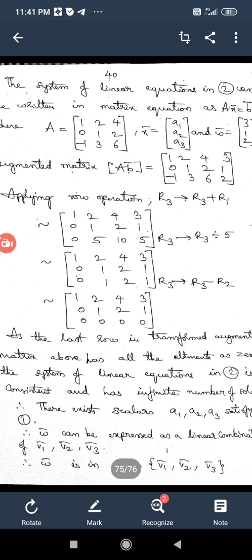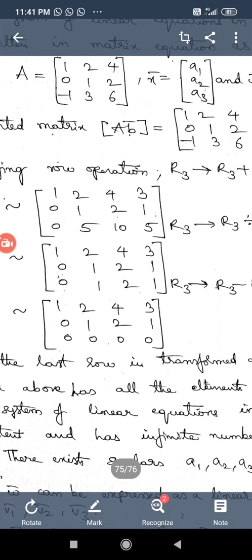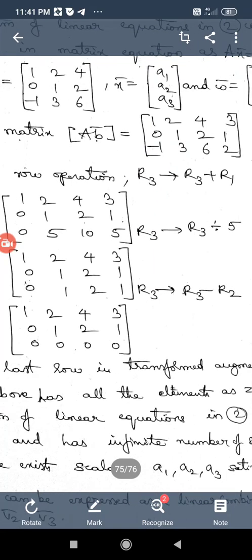Applying the row operation R3 becomes R3 plus R1, the augmented matrix transforms to 1 2 4 3, 0 1 2 1, 0 5 10 5. In this we can see that the last row has 5 in common.